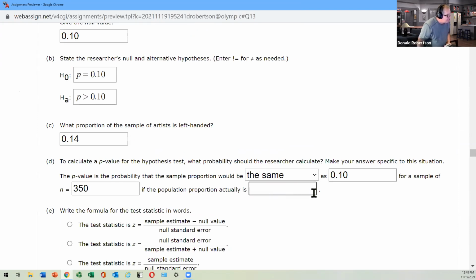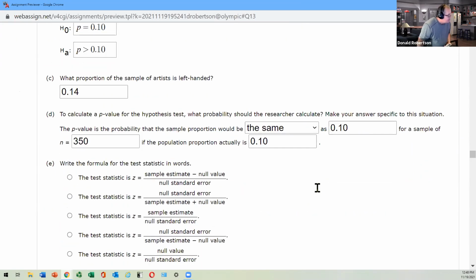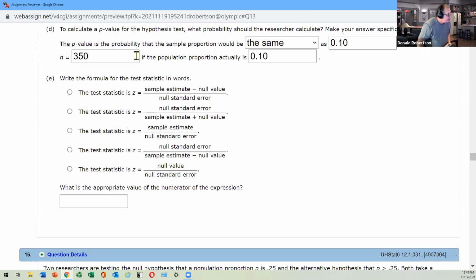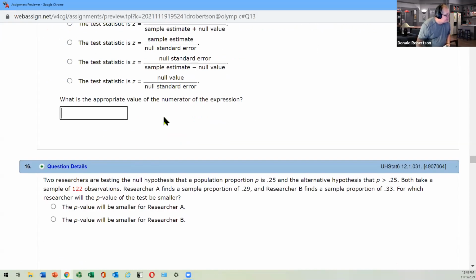And if the population actually is 0.10. One of these is the Z-score. Sample, estimate, null value, and well, they get some weird names, but it's that one. And what's the appropriate value? Okay, we ain't going to make this. Remember we did p hat take away p naught divided by standard error. That's the guy, and that's where he goes.